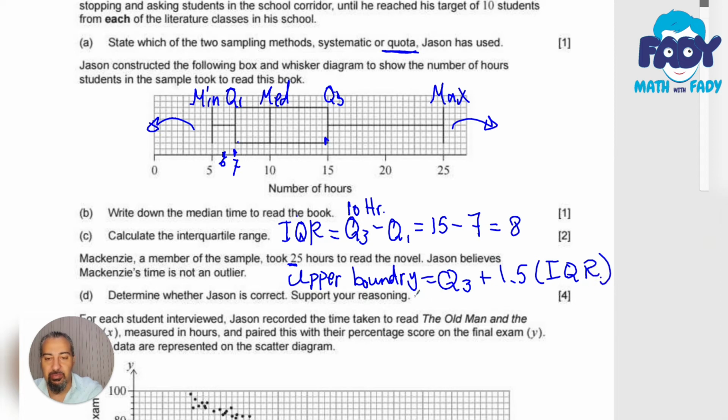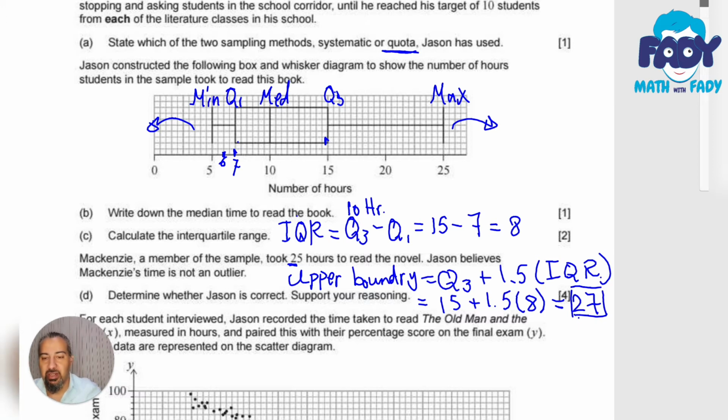That means the upper boundary is 15, this is our Q3, plus 1.5 times 8. If we calculate this, we will find it's 27. This is the upper boundary. Any number above 27 will be considered an outlier.